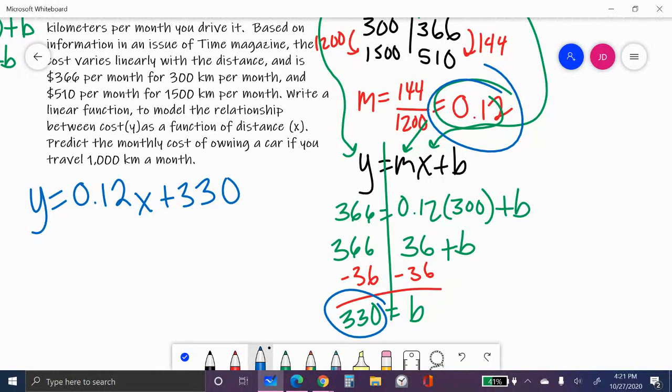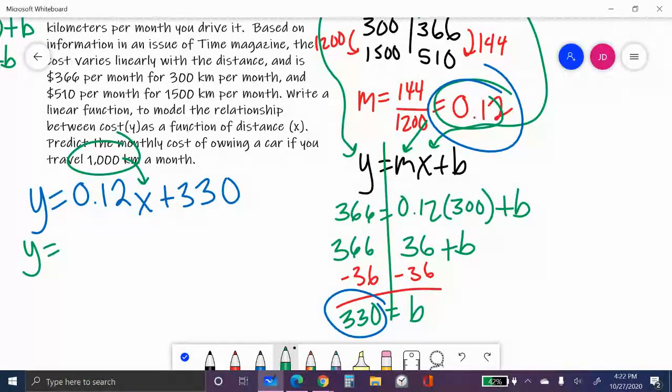Predict the monthly cost of owning a car if you travel 1,000 kilometers. Now, where do I plug this in? The traveling is the y or the x? Okay, the distance is x. So the distance is x, right? And this is the cost of Time magazine, right? So the distance is going to be my x. So that means I'm going to plug this in for my x.